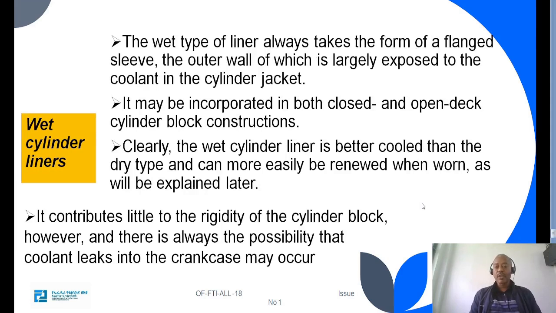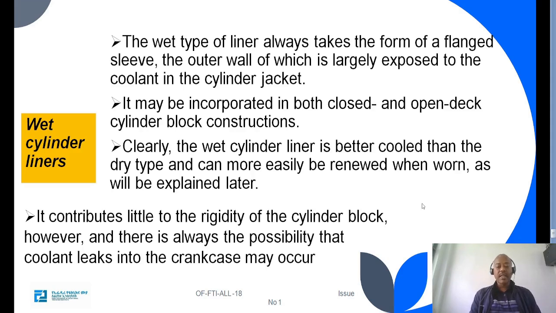Wet cylinder liners. The wet type of liner always takes the form of a flanged sleeve, the outer wall of which is largely exposed to the coolant in the cylinder jacket. It may be incorporated in both closed and open deck cylinder block construction.